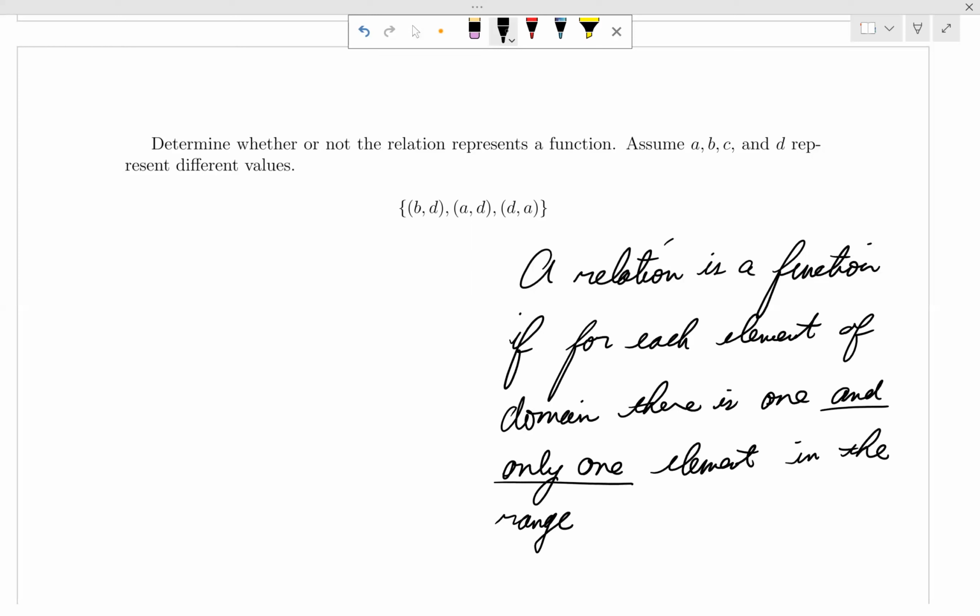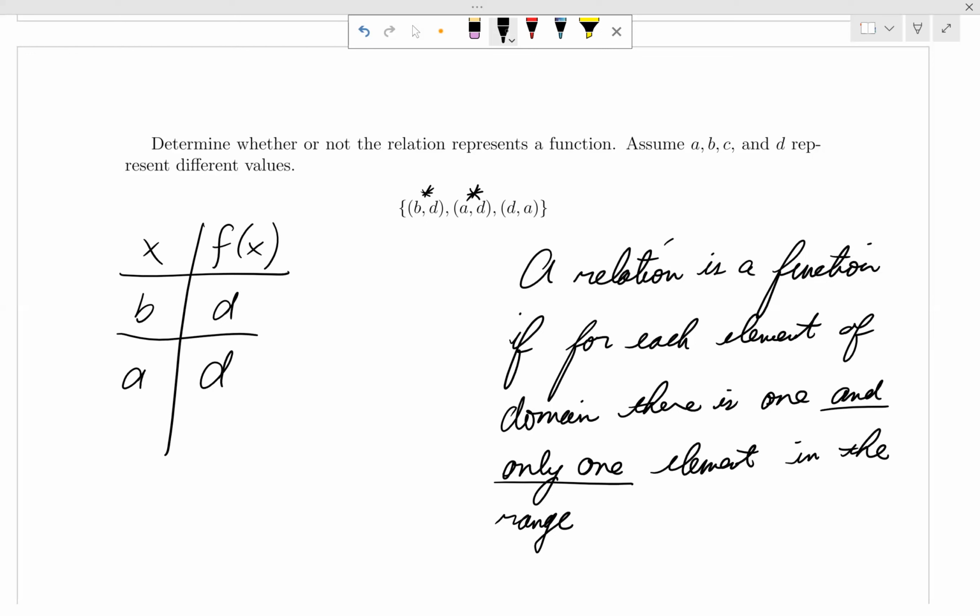All right. So the way I like to do these is to look at each of these elements. So we have our x values and our f of x values. So we have b to d, that's this first one. A to d, that's the second one. And d to a, that's this third one.